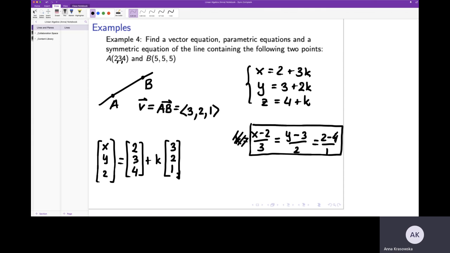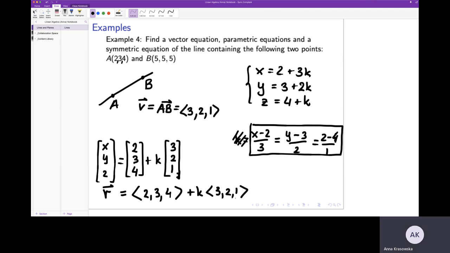And we have the vector equation, parametric equations, and symmetric equations. Sometimes instead of writing (x, y, z), we write r, okay? The position vector of the point (x, y, z). It will be (2, 3, 4) plus k times (3, 2, 1).